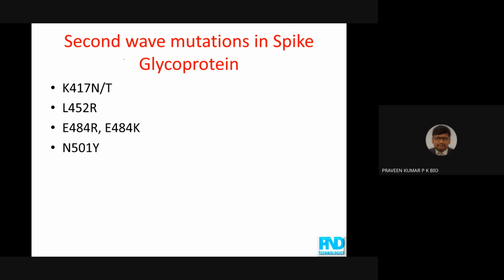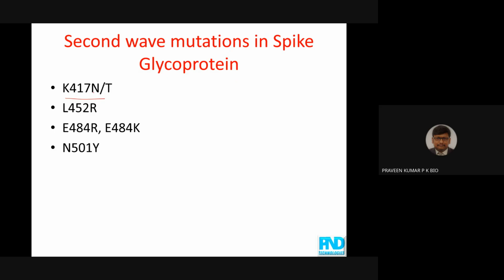Now something related to SARS-CoV-2. In the second wave mutations, out of 1,210 amino acids in the spike glycoprotein, a specific mutation, like at the 417th amino acid, where instead of lysine it is mutated to asparagine or threonine, can create a different strain.